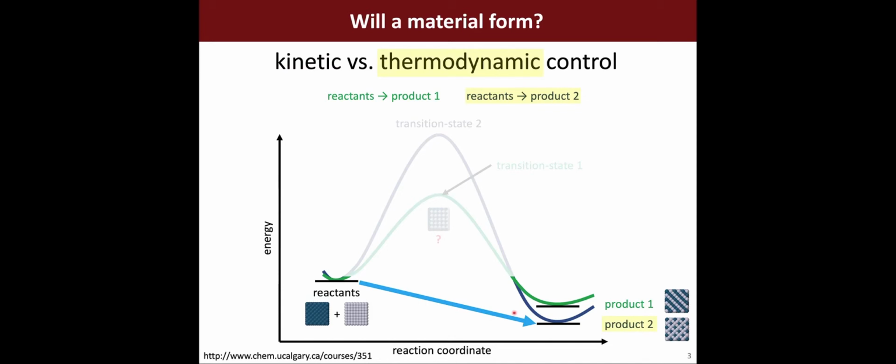Okay, so again, we need to look at both controls to really understand the full picture of the reaction here. But for this talk, we're going to focus primarily on the thermodynamic domain, and we're going to really just focus on what the beginning substances are and what the final reaction is, what the products are, and we're going to ignore the transition states in the middle.